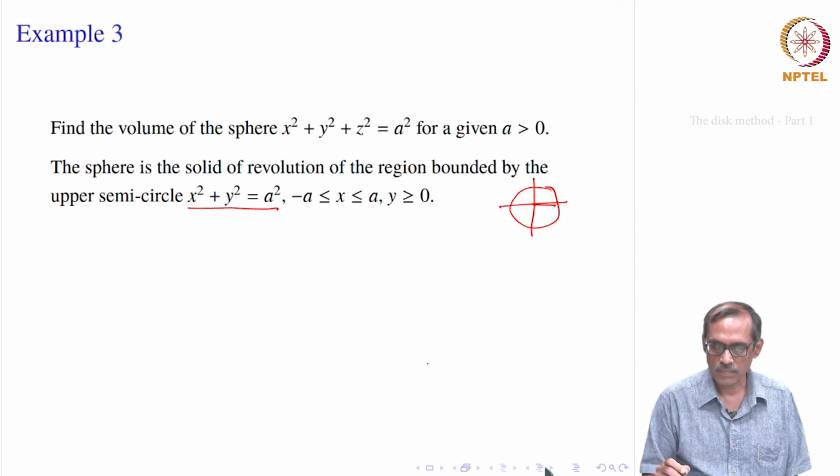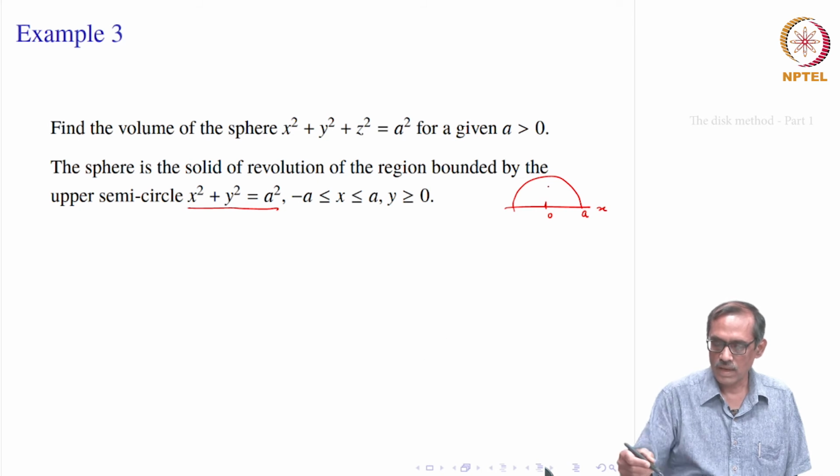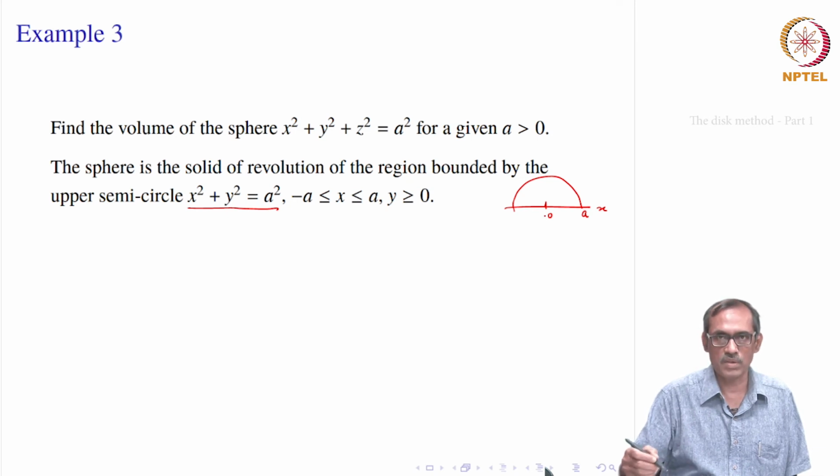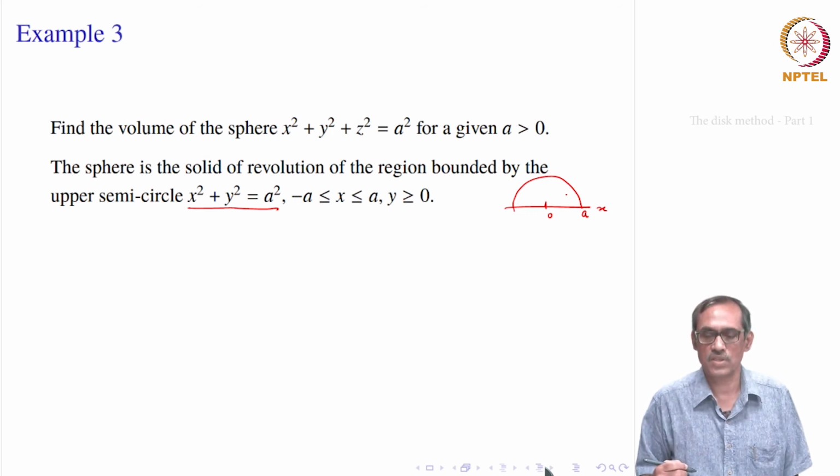It has radius a, and we take only the semicircle where y is greater than or equal to 0, where this is 0 and this radius is a, this is the x axis, and then we revolve this semicircle around the x axis to obtain the sphere. If you take the whole circle and revolve, you also get this sphere, but you in fact get twice the sphere, because they are repeated. There is no repetition here in obtaining the solid of revolution.